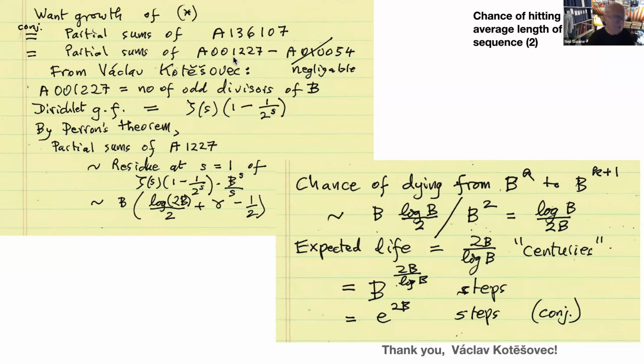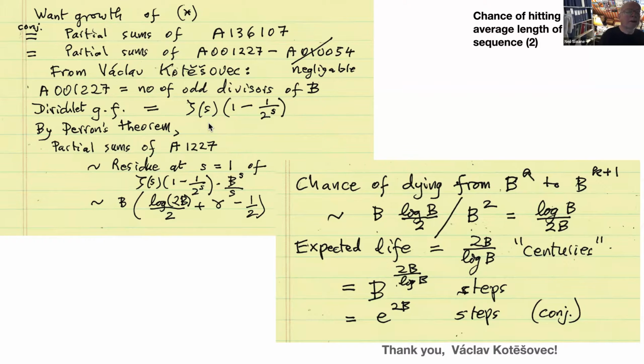It's one of the classic sequences. It's the number of odd divisors of n, or of B in this case. And it has a nice ordinary generating function, and a nice Dirichlet generating function. The Dirichlet series is zeta of s times 1 minus 1 over 2 to the s. You want to get rid of the even divisors.